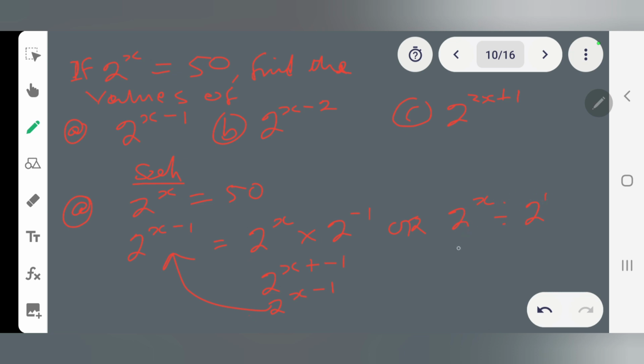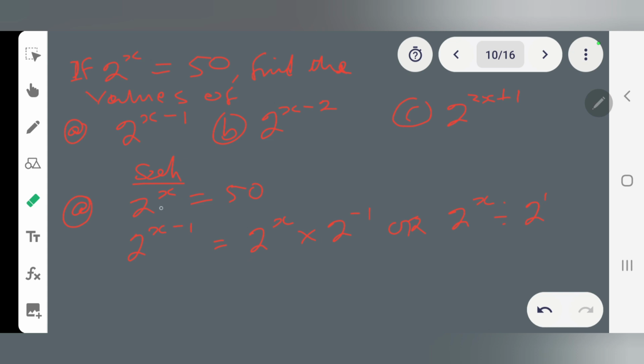So here we have 2 raised to the power x minus 1, which is the same as 2 raised to the power x minus 1. So whichever way you think is convenient to you, you take it and apply it according to the law of indices. So here we quickly come to do our substitution.